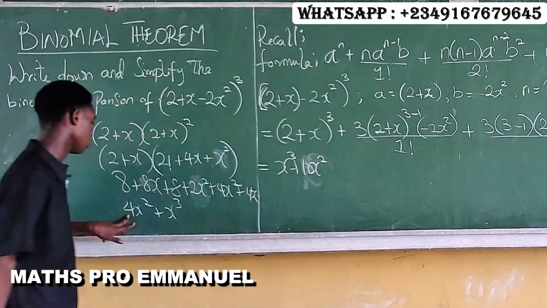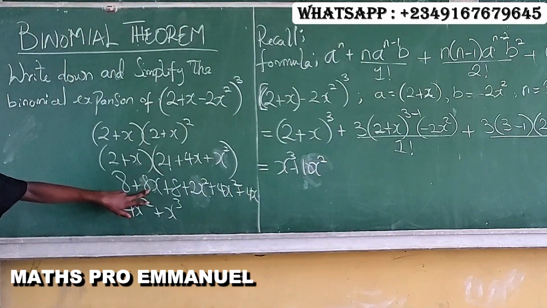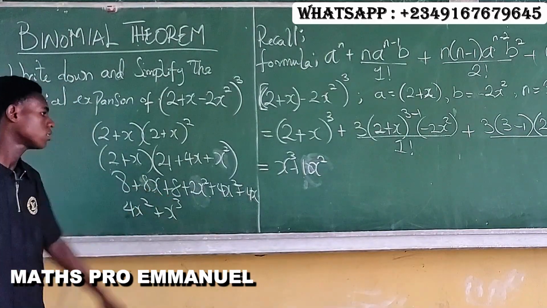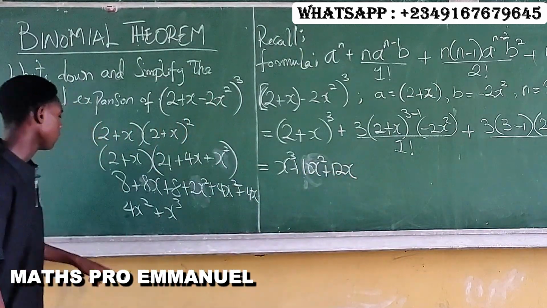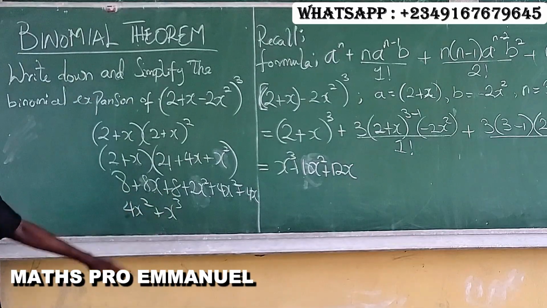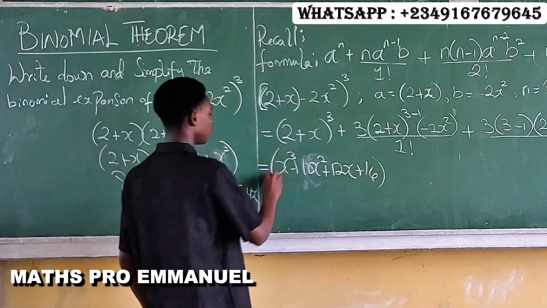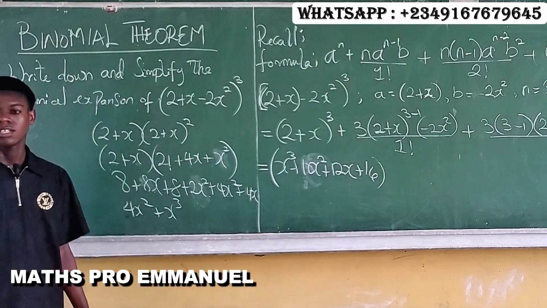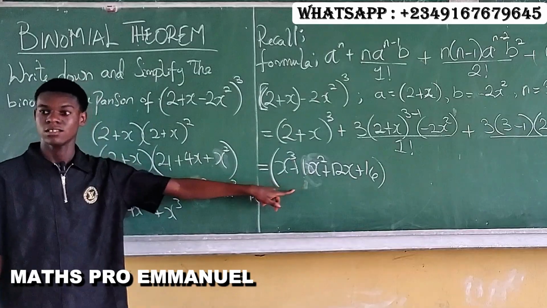So the next is 8x plus 4x, which is 12x. And then finally, 8 plus 8 is 16. So that's the result in expanding 2 plus x all raised to the power of 3.